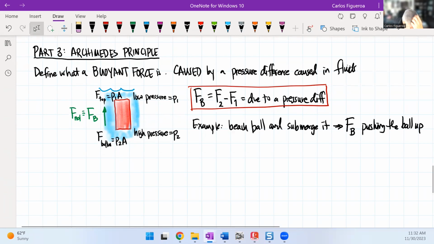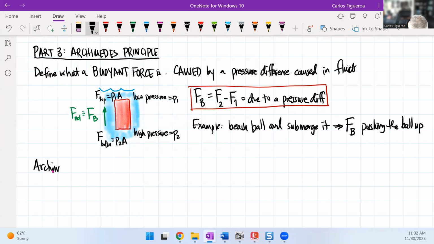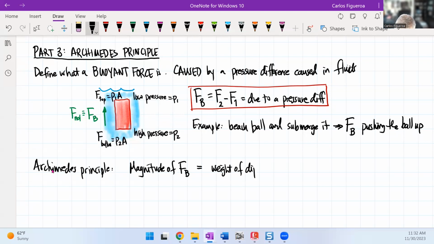So now, what does Archimedes' principle say here? Archimedes says that the magnitude of F_B, the buoyant force, is equal to the weight of displaced fluid.